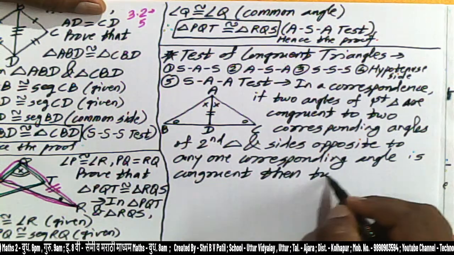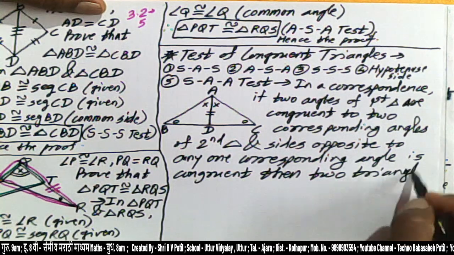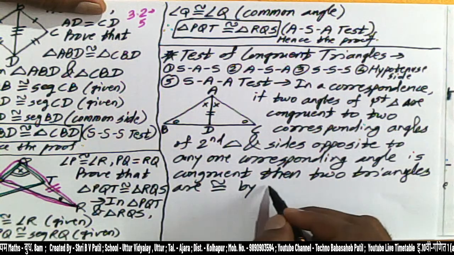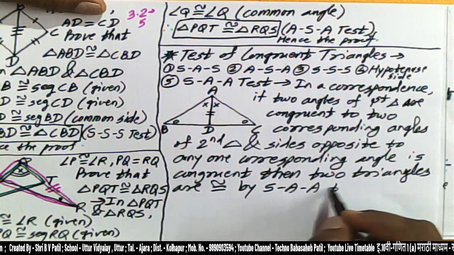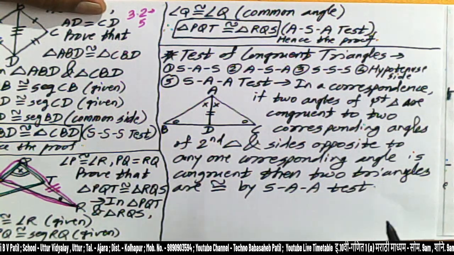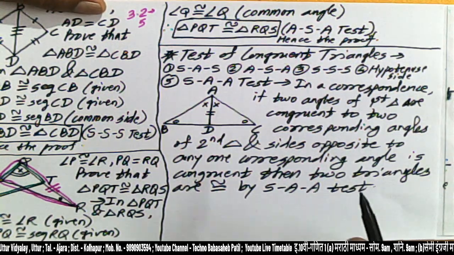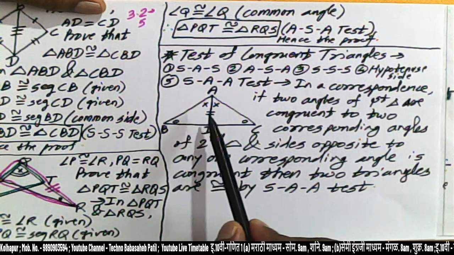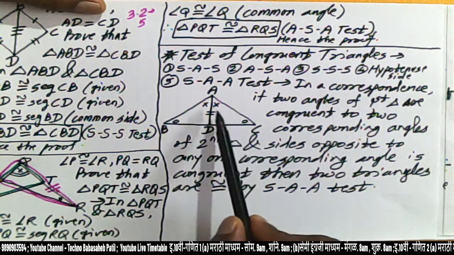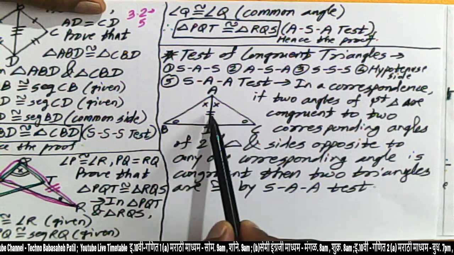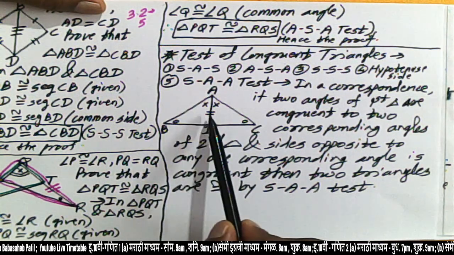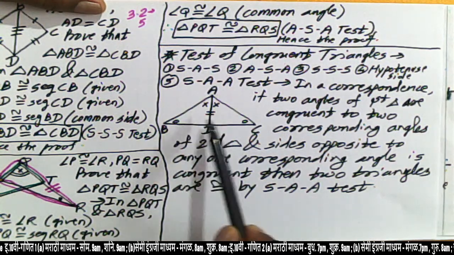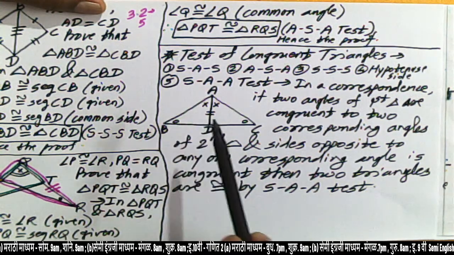Then we can say that the two triangles are congruent by the SAA test.